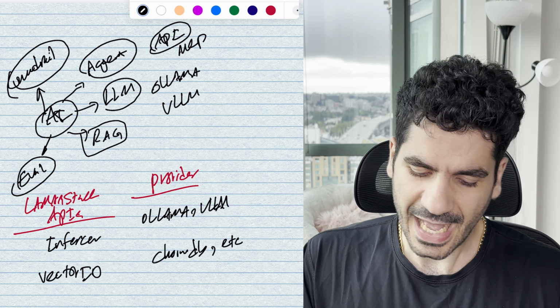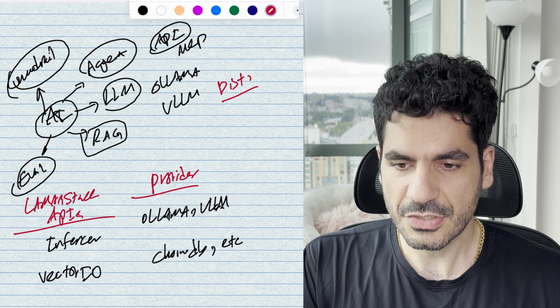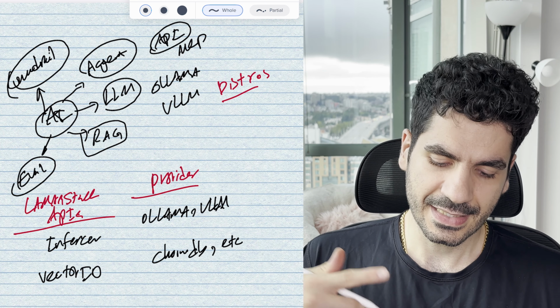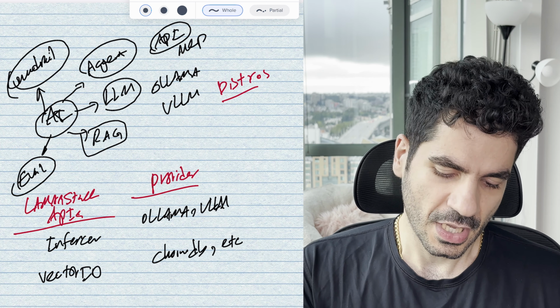And then on top of this, distros, or the different distributions. What distros actually do is, you can think of it as packaging on top of what we already have.